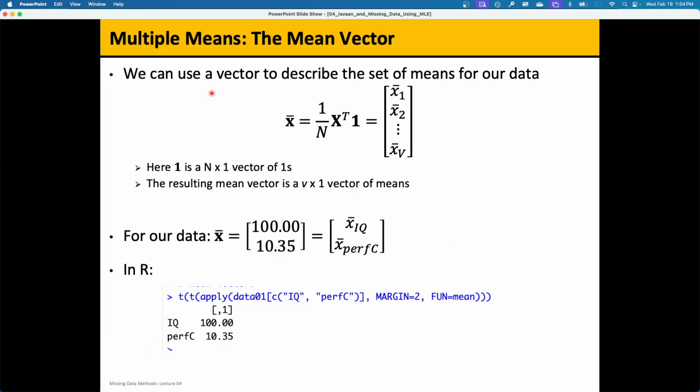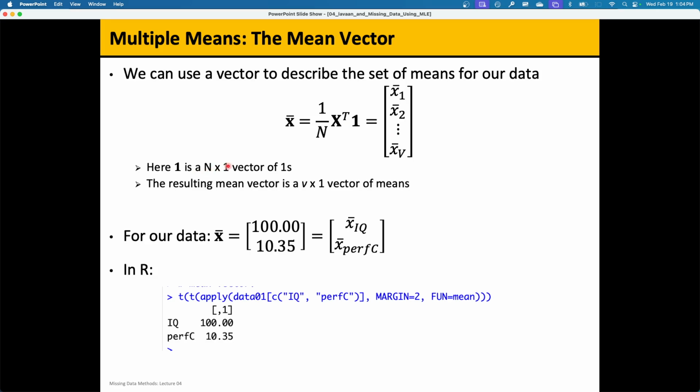So if we wanted the mean vector, we could just take the mean of each variable, put that in a little matrix and call it good, but there actually is a matrix calculation for it. Here we take the scalar 1 over n, and we take our X matrix, this T means it's transpose, and we multiply it by a vector of ones. In this case, this ones matrix is n by 1.